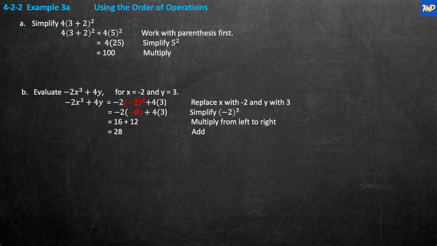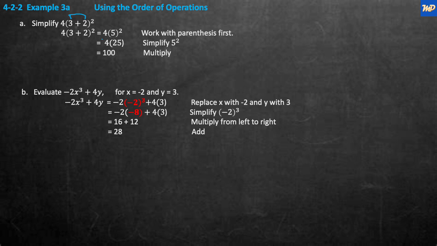Let's take a look at this, see what they do here. The problem says 4 times the quantity 3 plus 2 squared. The first thing we have to do is take care of what's inside the brace. As we did here, you see it's 4 times the quantity 5 squared. So the 2 plus 3 becomes the 5.